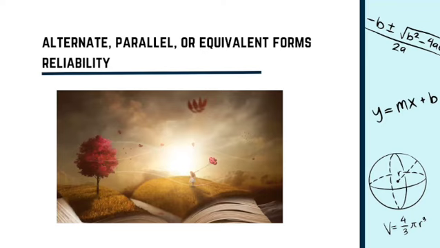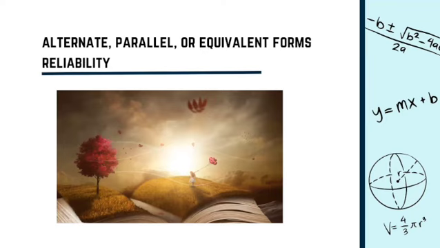In the world of tests, this concept means creating different versions of the same test that measure the exact same things. For example, you might design two different versions of a math test that have different questions but cover the same math skills. Then you give both versions to a group of students and check if the scores between the two are very similar.